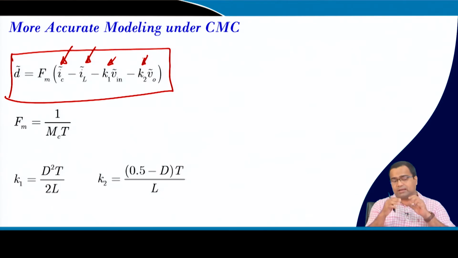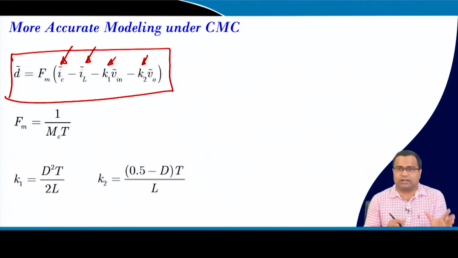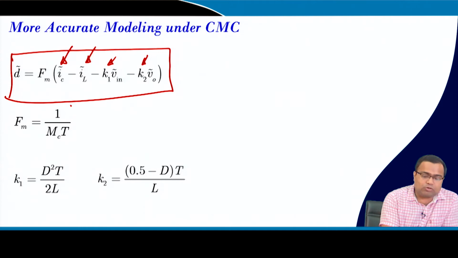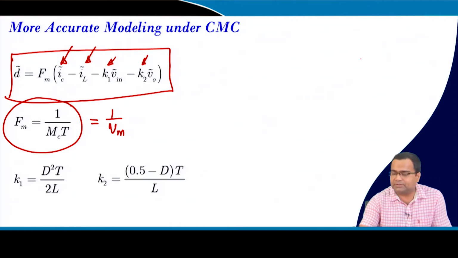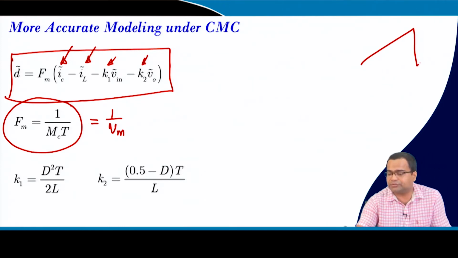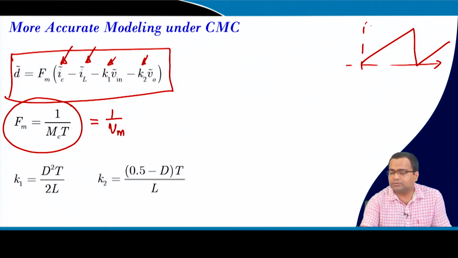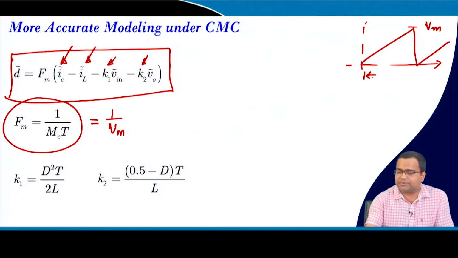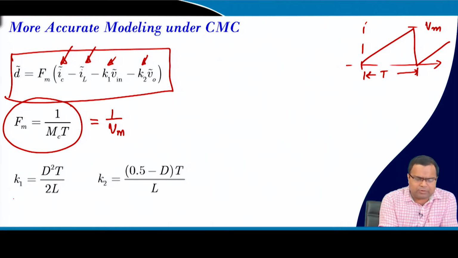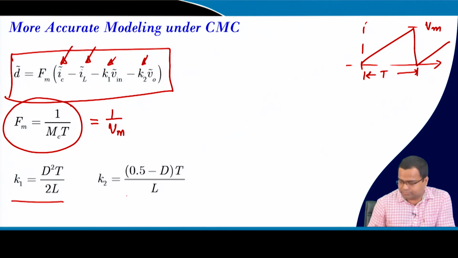In this more accurate model, we obtain that the modulator gain is simply 1 by Vm. And what is Vm? That means the sawtooth waveform that we are using, it is changing from 0 to Vm for a time period of T. We have also discussed this K1, K2 term.